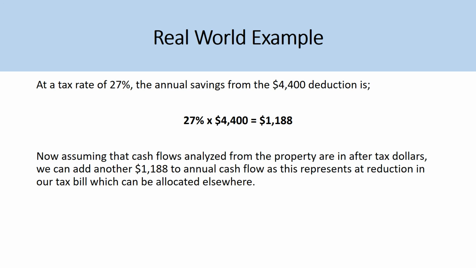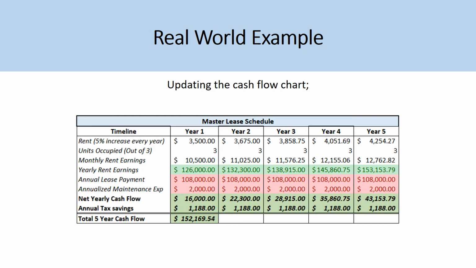We're assuming that we're paying off this loan across this 5-year period, and we're making interest payments, and then at the end we'll pay back the principal in full. So it's not a blend of interest plus principal. It's just interest for 5 years, and then at the end of that 5-year period, we're also paying down the full principal, right? And so in that way, we're assuming that, okay, we're saving, in addition to the cash flow that we're generating, another $1,188 in tax savings.